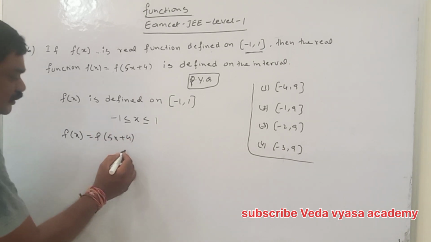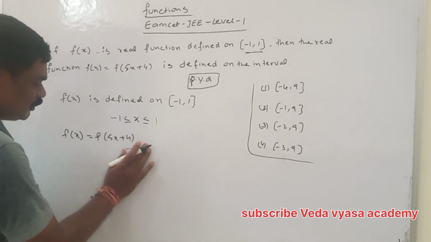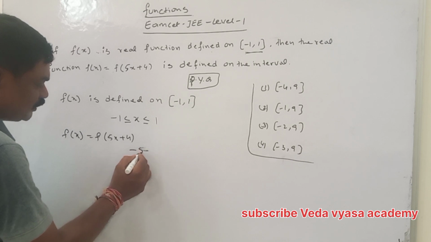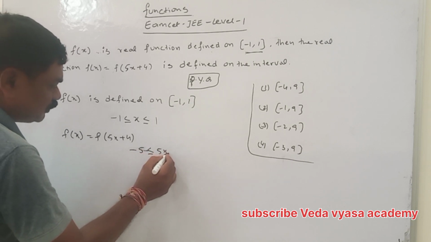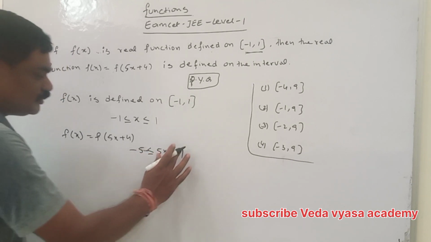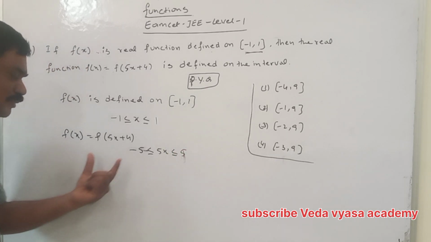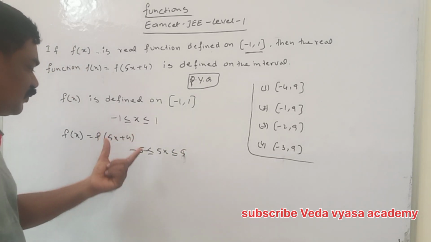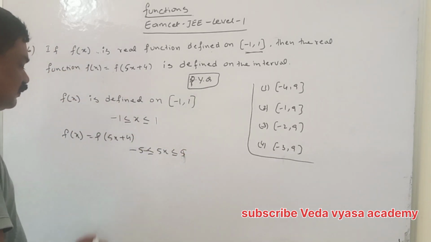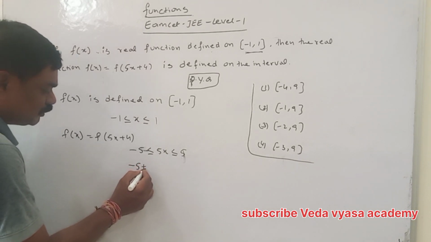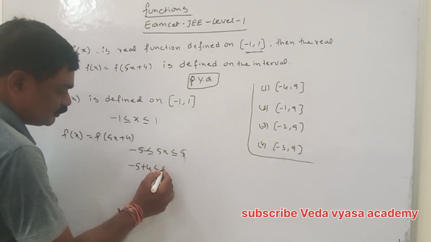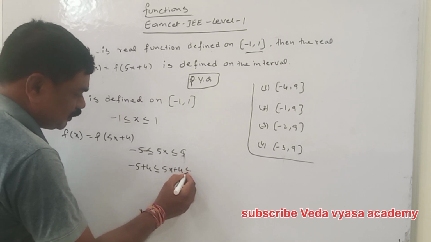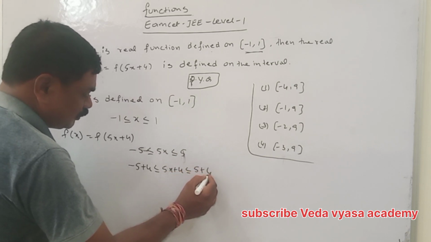So here from this, -5 less than or equal to 5x less than or equal to 5. We can multiply this inequality with 5. So here -5 plus 4 less than or equal to 5x plus 4 less than or equal to 5 plus 4.